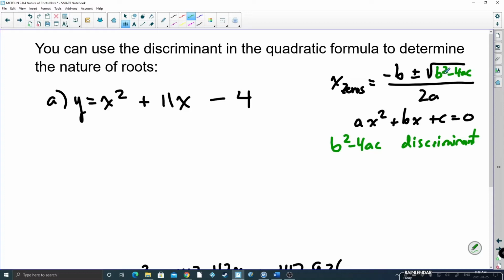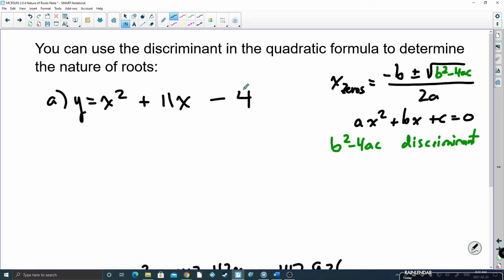So whether the root is a specific value is going to determine the nature of the roots. So the first one we're going to investigate is what happens if the square root value isn't negative, but is actually a number that you can square root, okay? And that's what we're going to look at with this first example here.